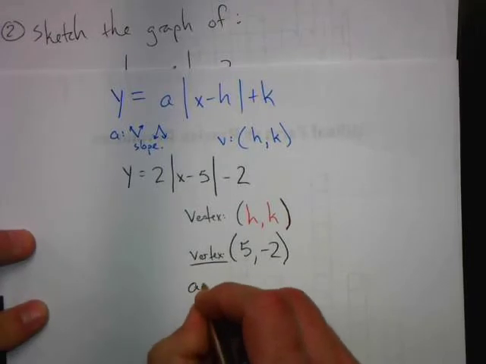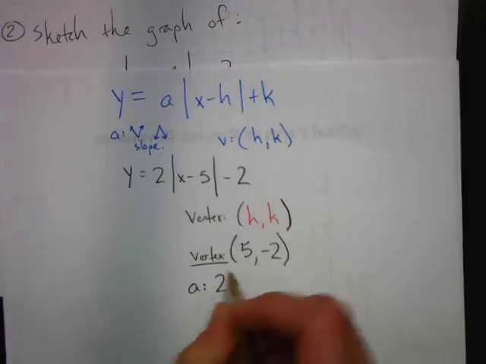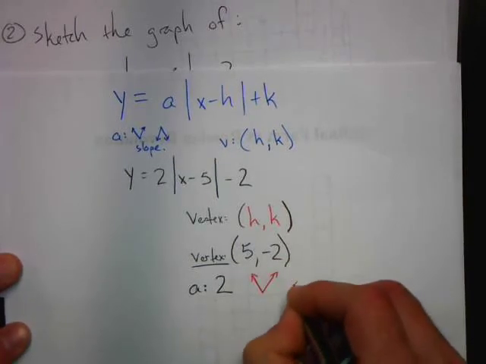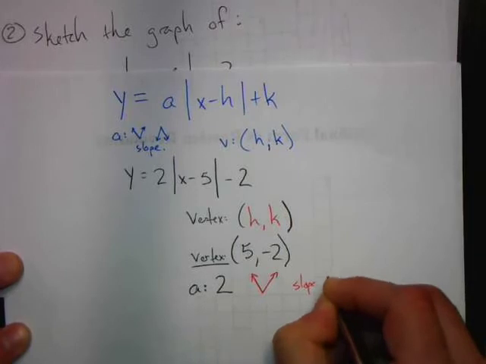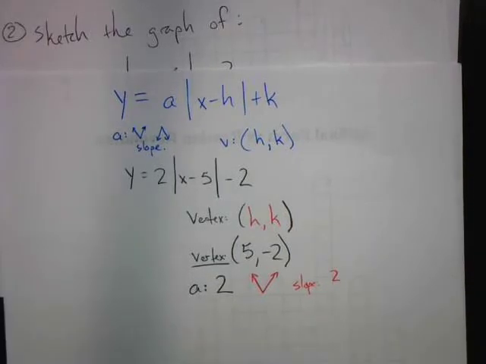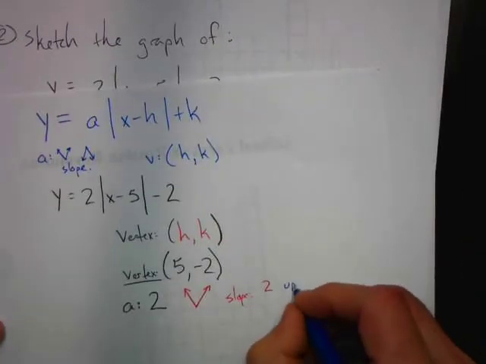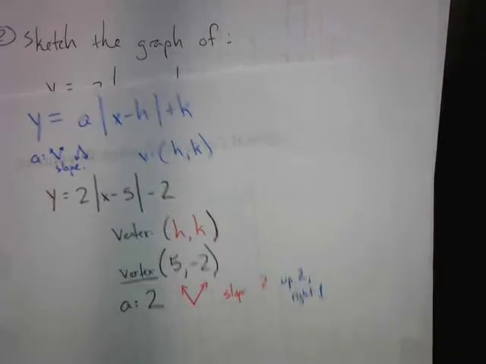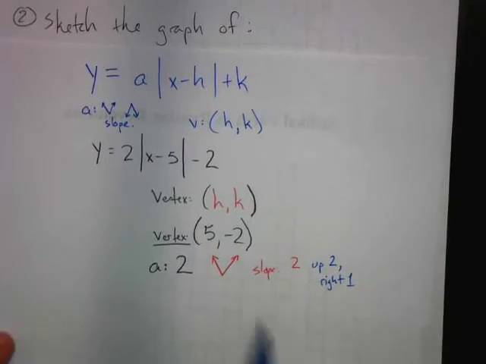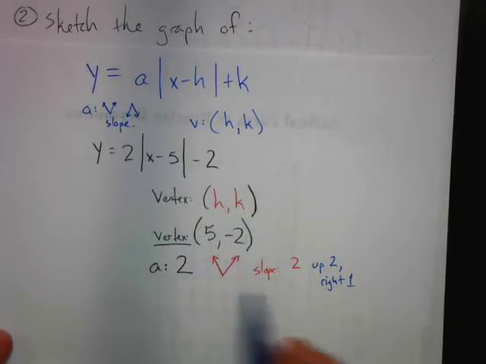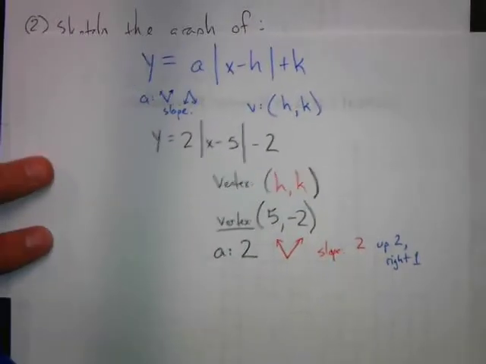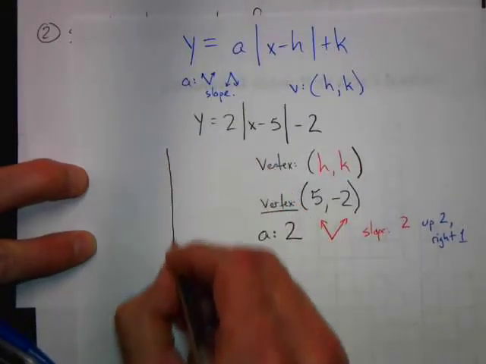And since a is positive, we know it's going to make a V shape, and we know the slope is going to be 2, or remember how we describe slope as rise over run, up 2, right 1. And with this information, with the vertex and the slope, we can graph. So right now, we have all the information we need to sketch this graph. So let's do that. Let's sketch this graph.